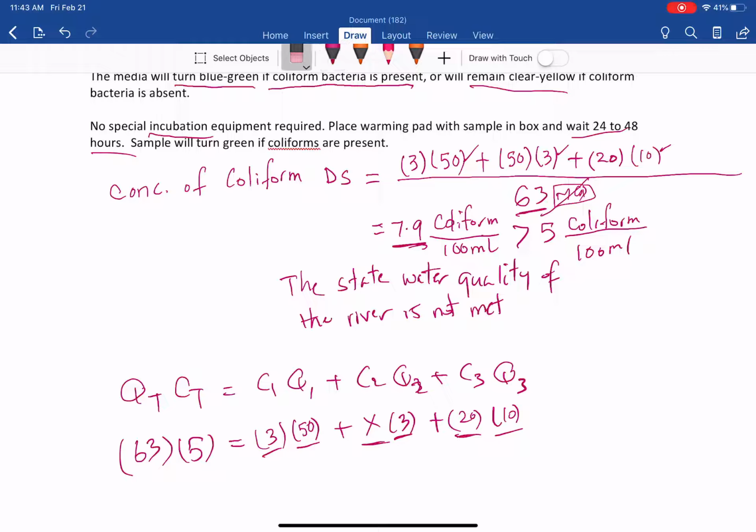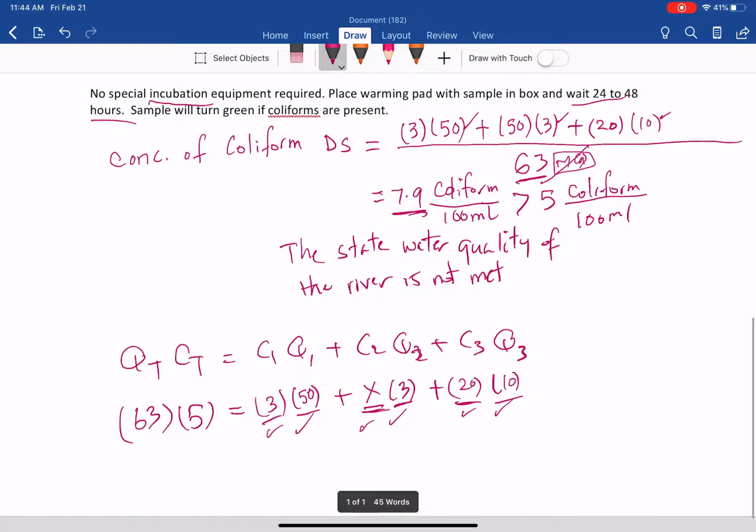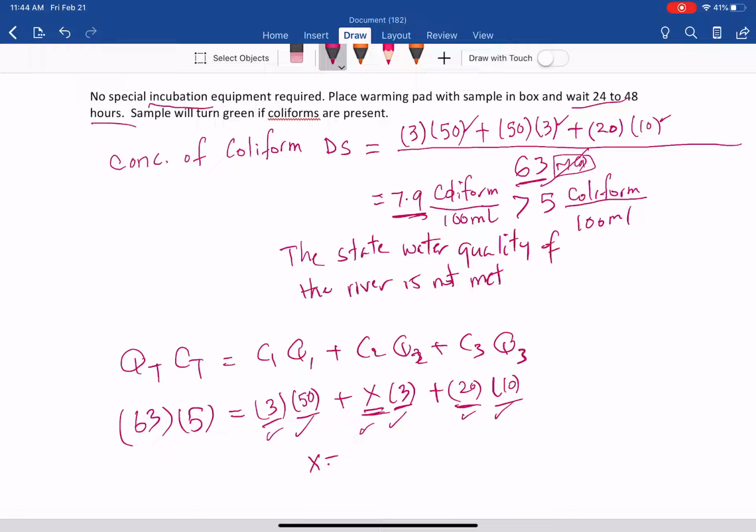So let's look at this one more time: 3 times 50, plus X times 3, plus 20 times 10, and this equals 63, of course, times 5. Now if you rearrange this and solve for X, X would be equal to minus 12 coliform.